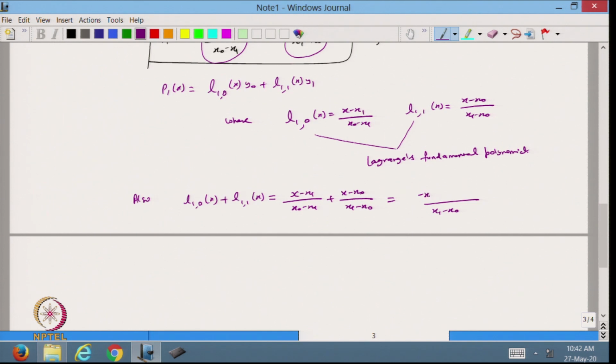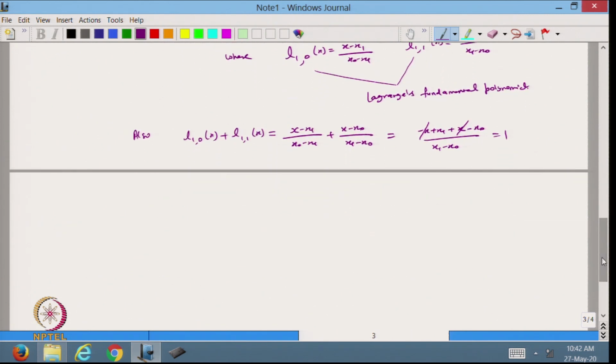So, this will be minus x plus x1 plus x minus x0. So, this x will cancel out, and x1 minus x0 will also cancel out. So, its value will be 1. So, the sum of these Lagrange polynomials is equal to 1. This is the first property.